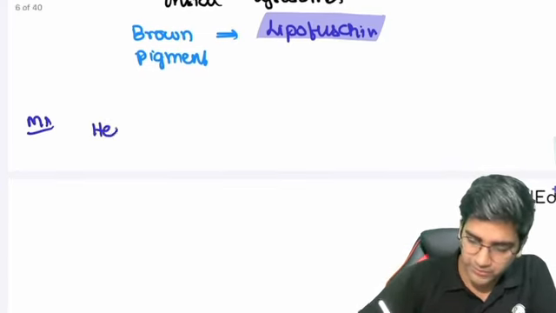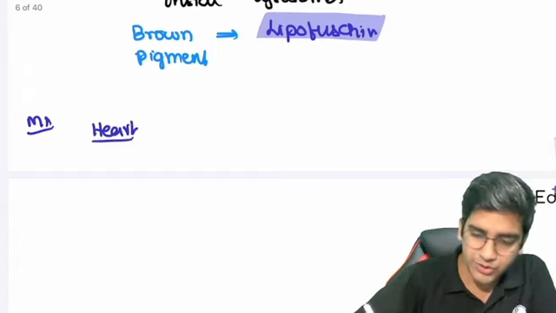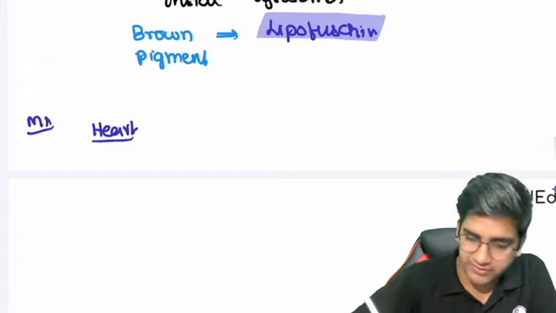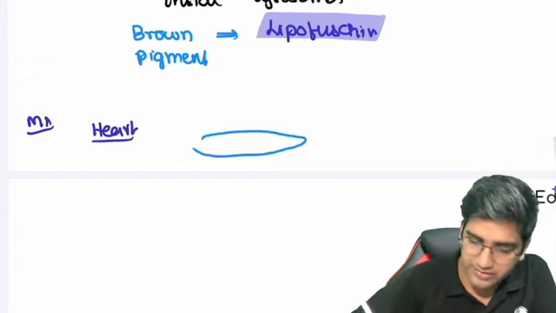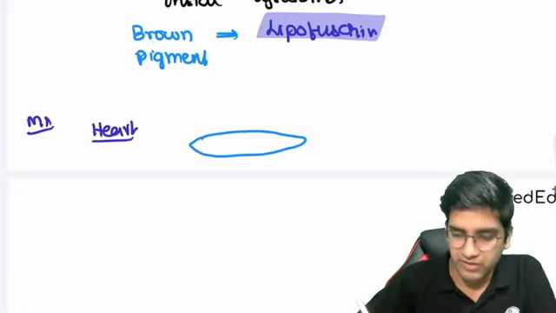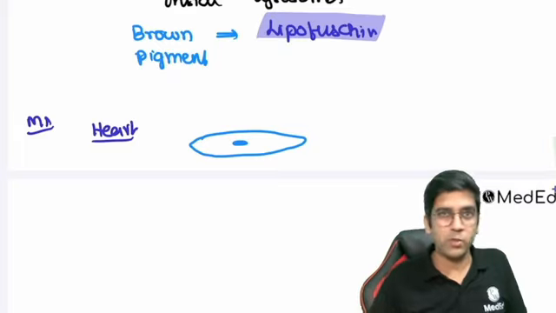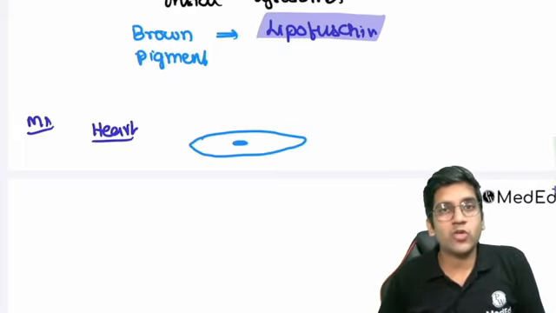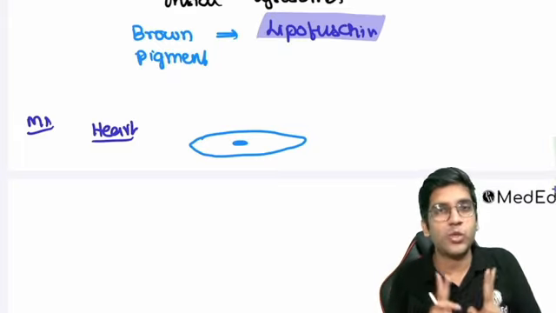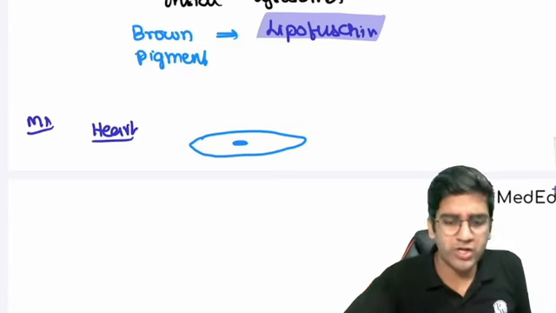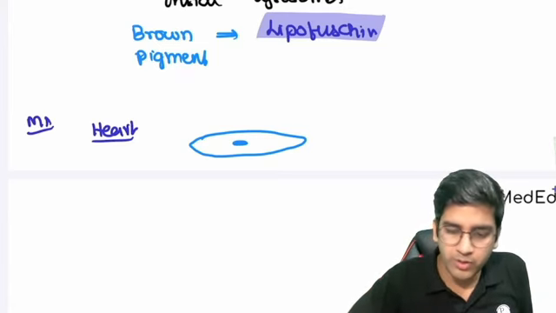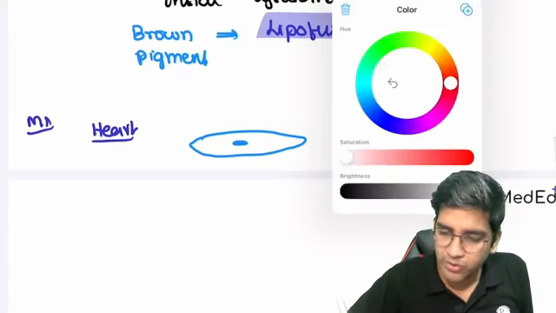Let's take a heart tissue only. Let's assume I'm having a cell like this. Heart is an elongated spindle shaped cell. I have a nucleus like this, and the nucleus is always blue in color. Lysosomes are always located in the paranuclear space. That's the normal location of a lysosome; any lysosome in the body will be located in the paranuclear space only.